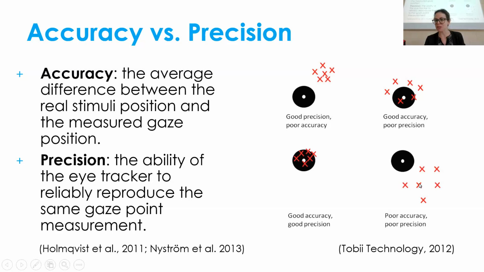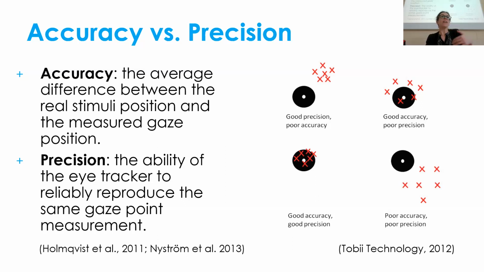Then perhaps the worst of the worst: poor accuracy and poor precision. We're far away from the target and the raw data samples are scattered. And then the holy grail, last but not least, what we are always trying to strive for with operations like calibration: good accuracy and good precision. We are on target, and the eye tracker is also quite confidently clustering all these points into the same fixation.